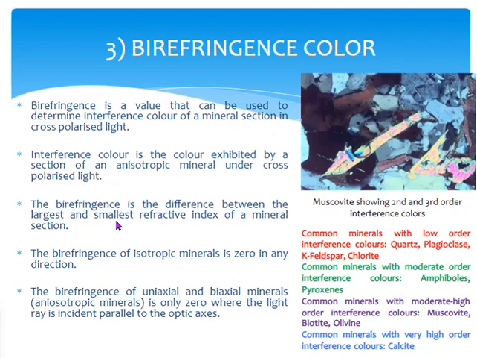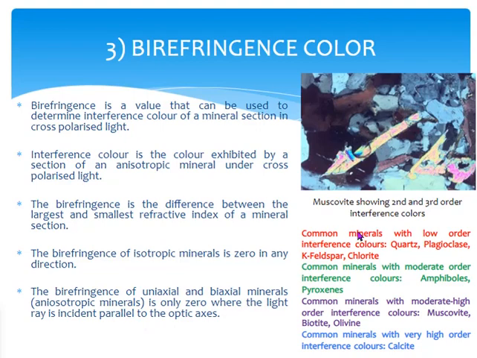The birefringence is the difference between the largest and smallest refractive index of a mineral section. The birefringence of an isotropic mineral is 0 because the isotropic mineral shows dark or black color in crossed nicols. The birefringence of uniaxial and biaxial anisotropic minerals is only 0 where the light ray is incident parallel to the optic axis.